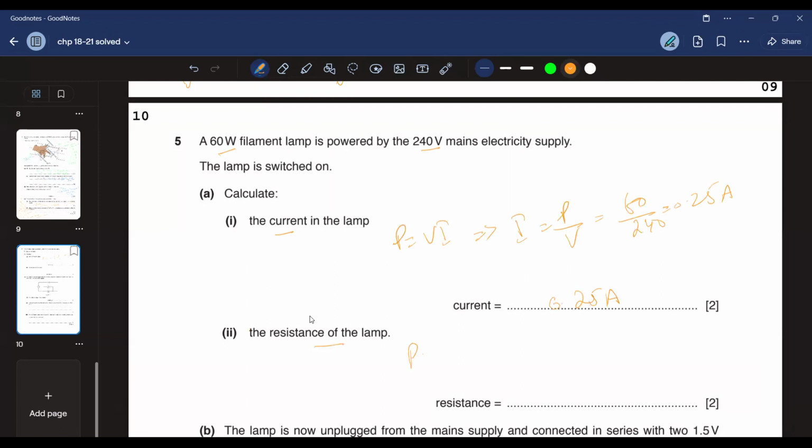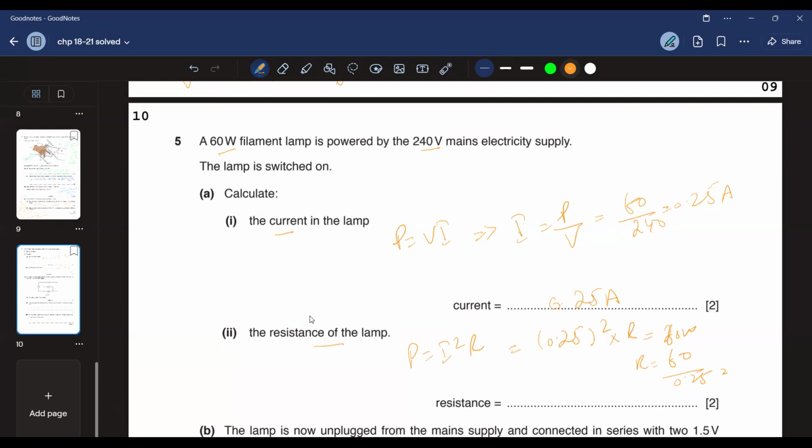Resistance calculate करनी है, power is equals to I square R होता है. I हमने calculate किया 0.25 square times R is equals to power, which is 60 watts. So R is equals to 60 divided by 0.25 square.